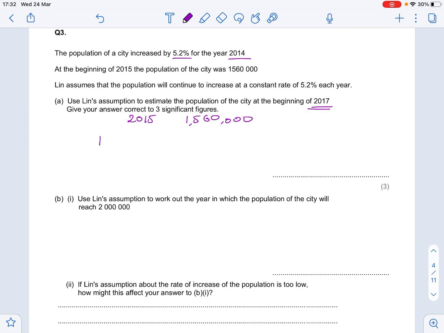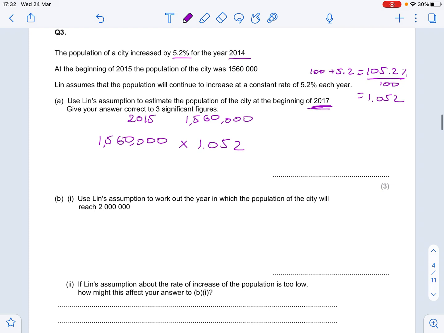Again, going to use our formula. So initial multiplied by our multiplier. Our multiplier is 100 plus 5.2, which is 105.2%. Then divided by 100 gives us the multiplier, which is 1.052. Then we're interested in the beginning of 2017.